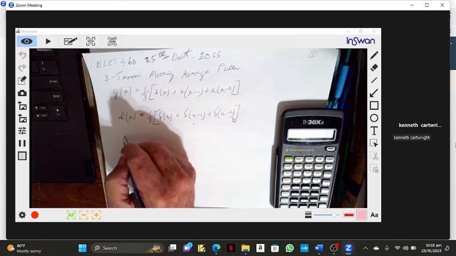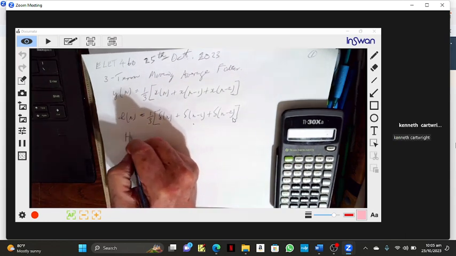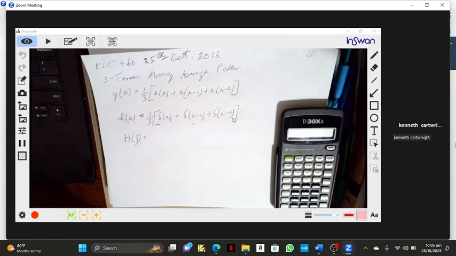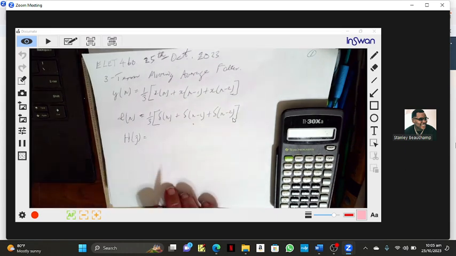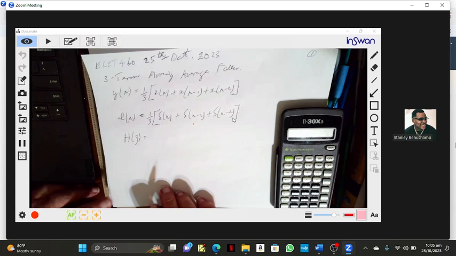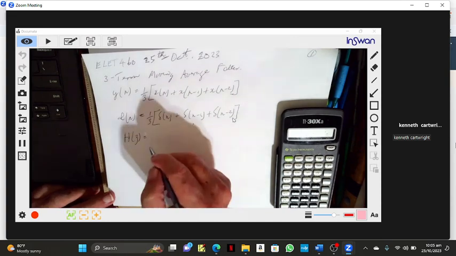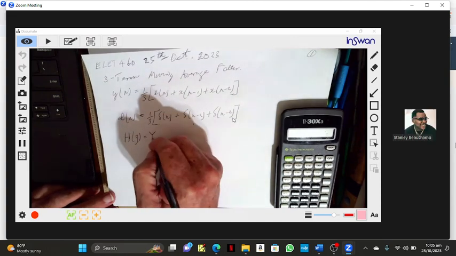What's the transfer function? That's when we have defined the Z transform of h of n.